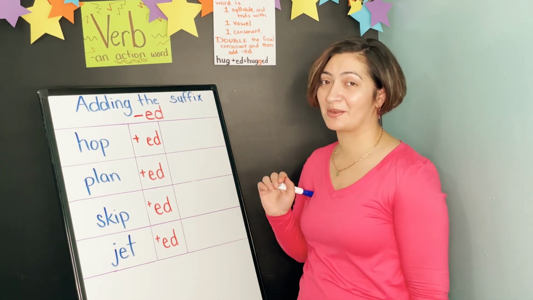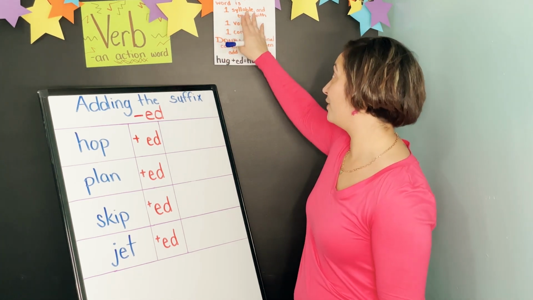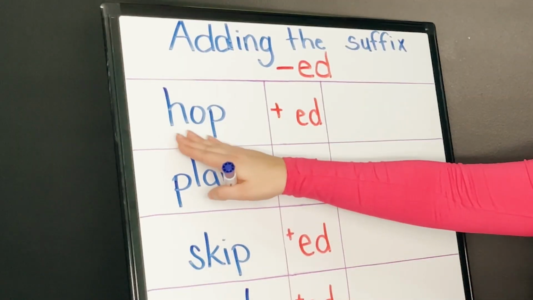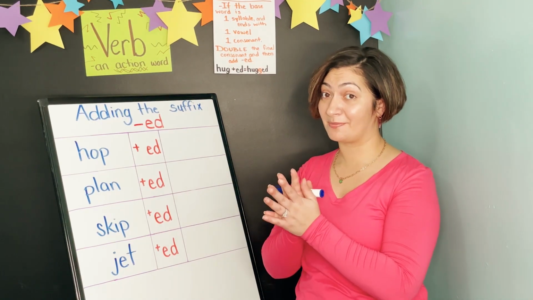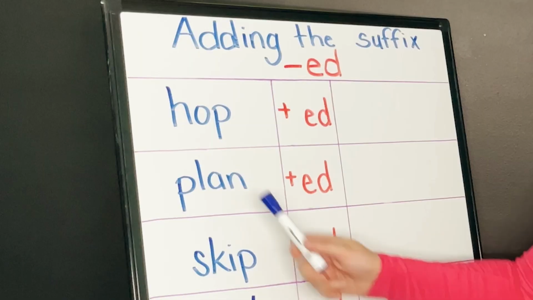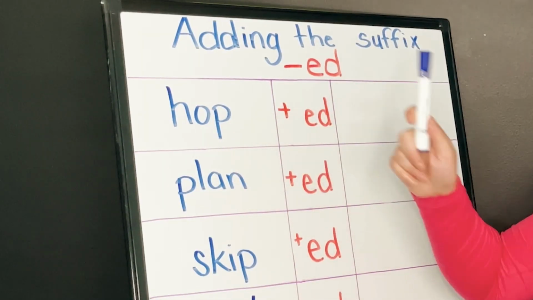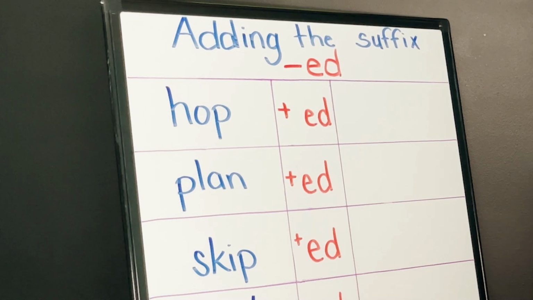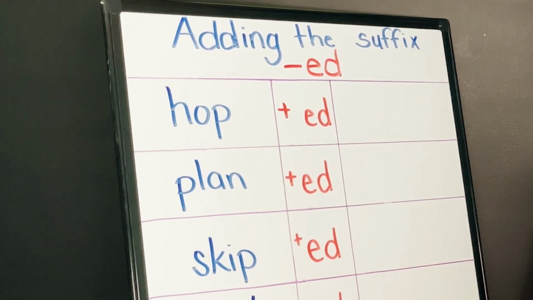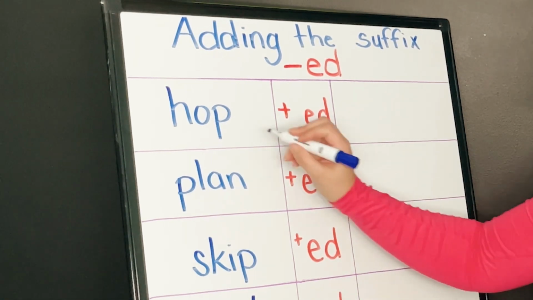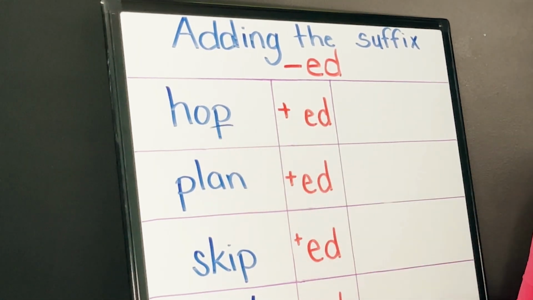All right, scholars, we're going to practice our 1-1-1 rule. Here's our word hop. Hop is one syllable. Hop. It ends with one vowel, one consonant. We want to keep our vowels short. So before we add ed, we need to do what? Double the final consonant. The final consonant is the consonant that's at the end.